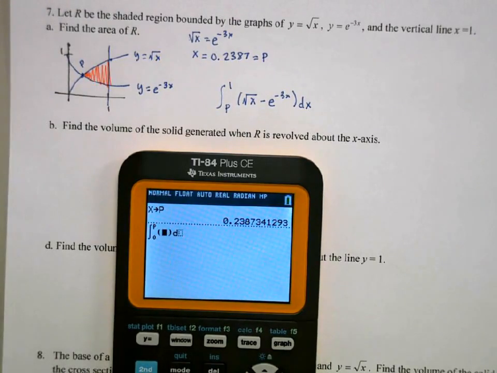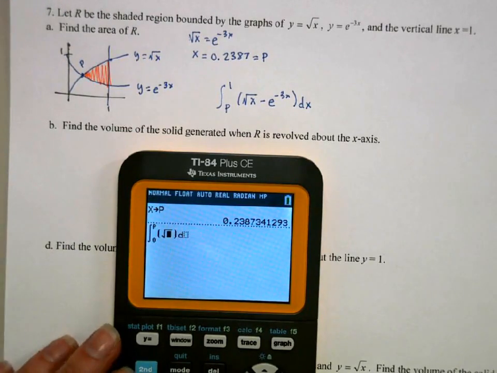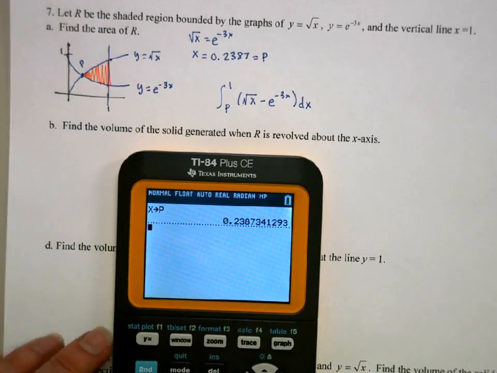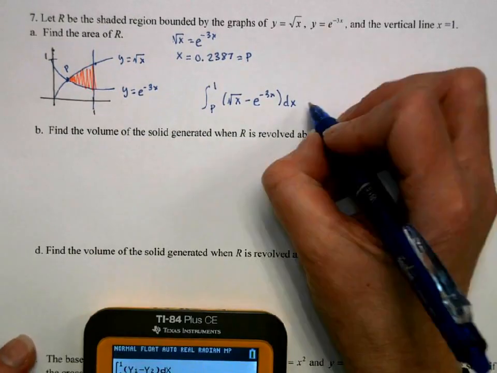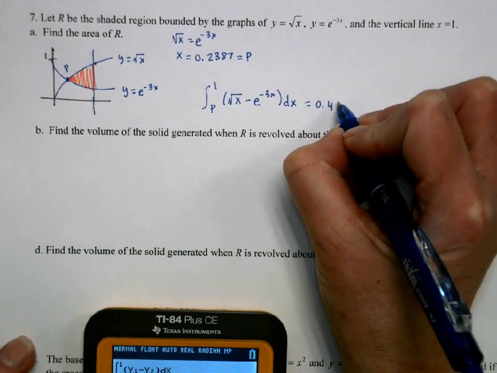And actually, I've got these in my y1 and y2. Which gives me 0.4426.